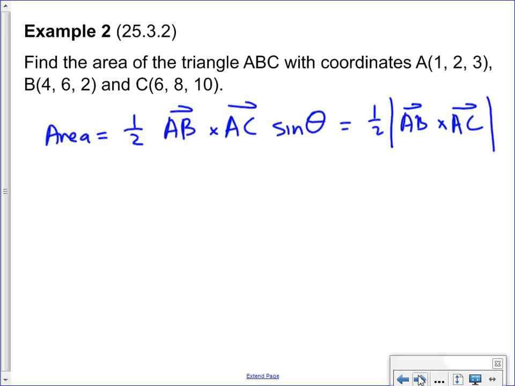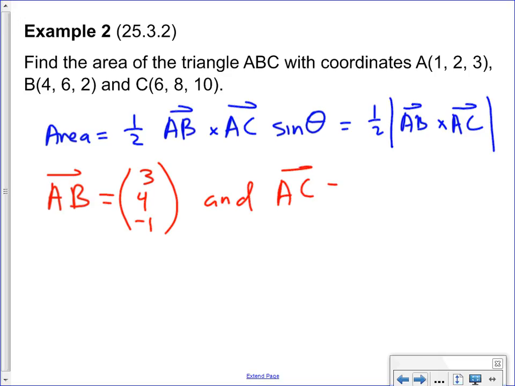Okay. So AB is B minus A, so 4 minus 1 is 3, 6 minus 2 is 4, and 2 minus 3 is -1. And AC is 5, 6, 7.